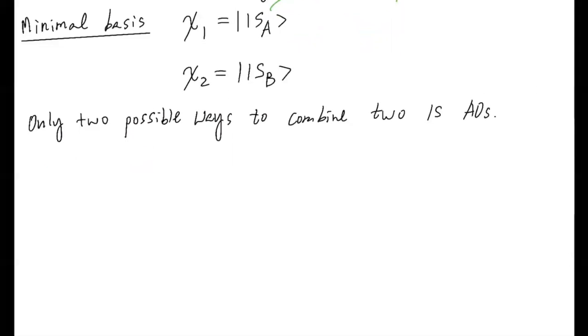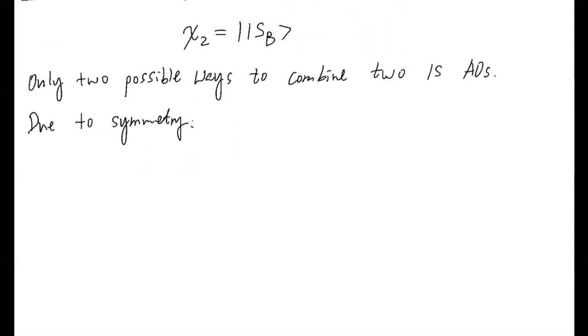Due to symmetry, you only have two possible combinations, either chi1 plus chi2 or chi1 minus chi2, right? Why is that?